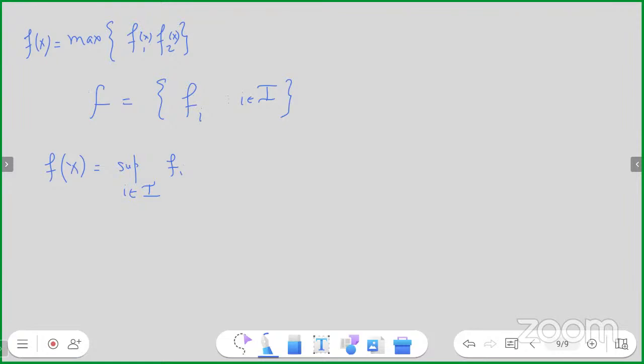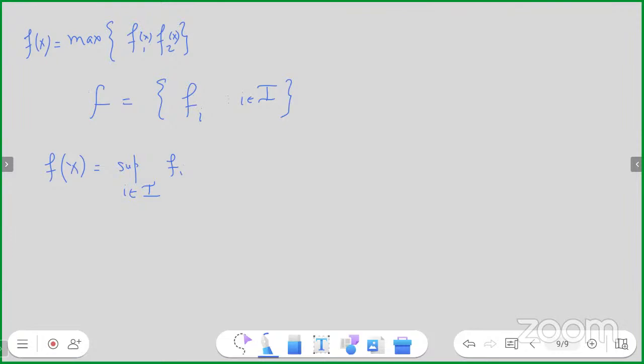So now what will be the epigraph of f in the bottom case? So far we have not used the fact that the family is countable or not countable. So what would be the epigraph of f in the bottom case? Just the intersection over an uncountable family I.